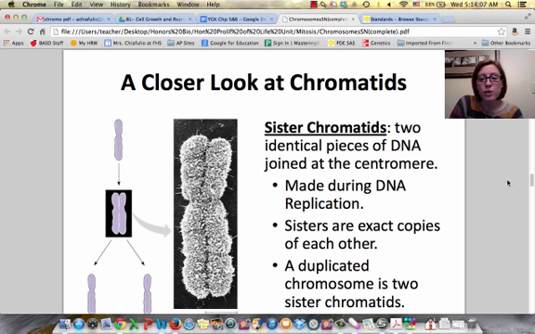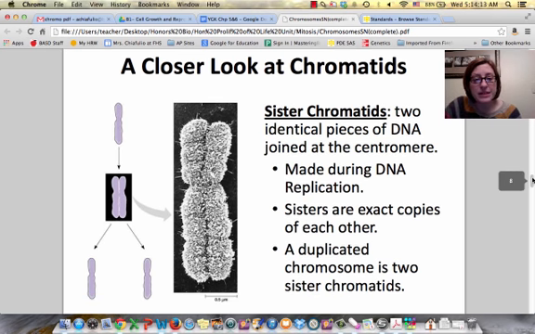So when we take a closer look, that's an actual image, like a photograph, essentially. I think it's a 3D image of, I don't know what machine was used, a micrograph, I'm going to assume. You see what we have here is the formation of our sister chromatids.